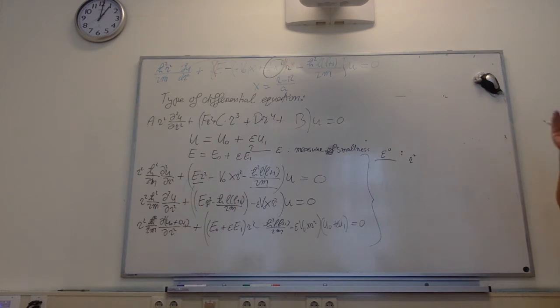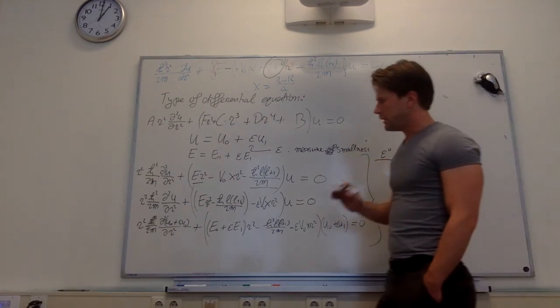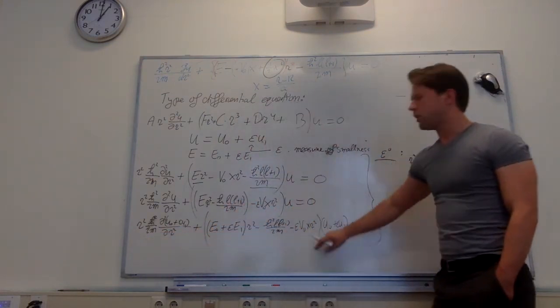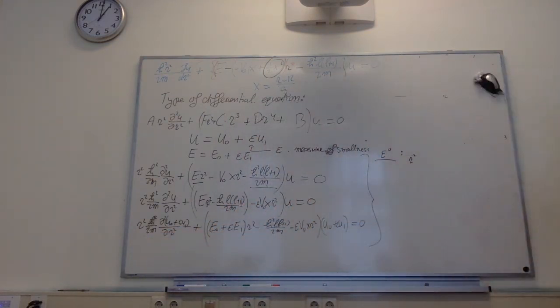Is the question clear to everybody what I'm doing here? What I want to do is write out this whole thing with all the multiplications. You get this whole big thing that has parts that have no epsilons in there, parts that have epsilons in there, and parts that have epsilon squared in there. I'm only looking for the epsilon 0 parts now. Which parts are those?